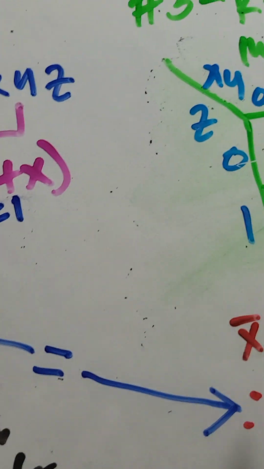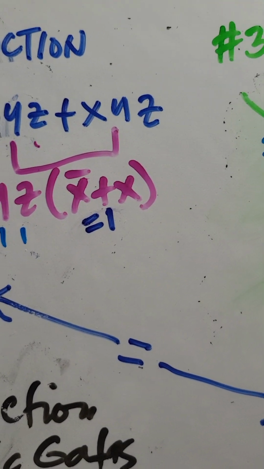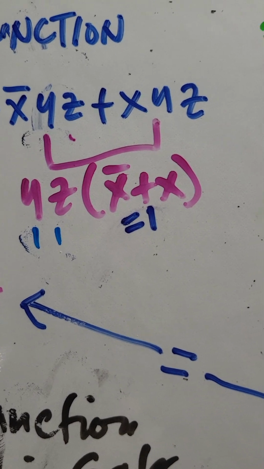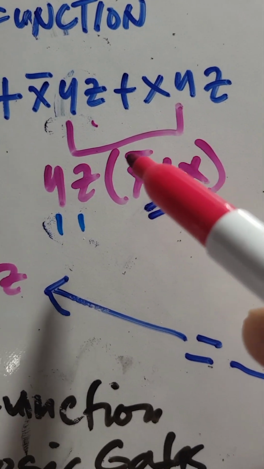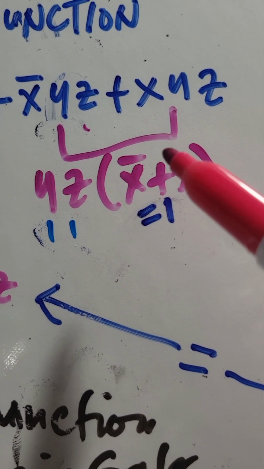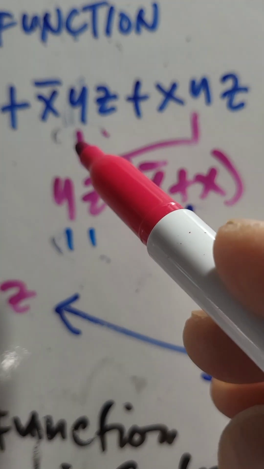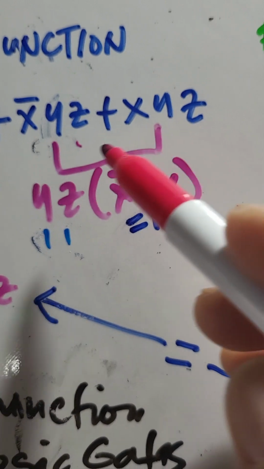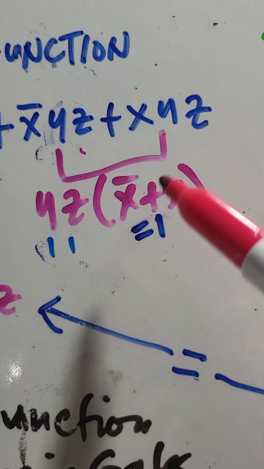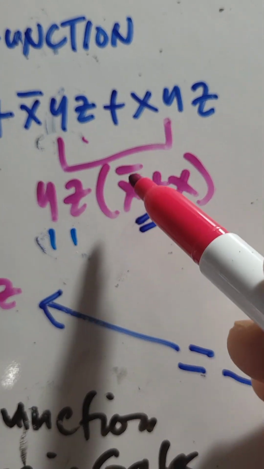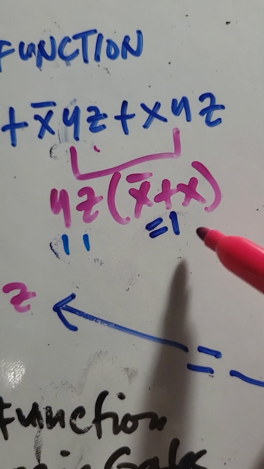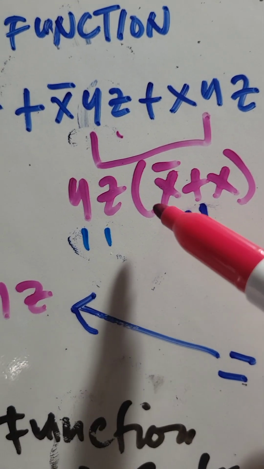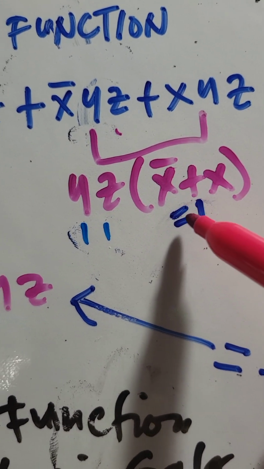In the other two terms here, we pair them. What are the common variables? yz here. So yz, parenthesis, x bar plus x, close parenthesis, that is equal to 1 as well.